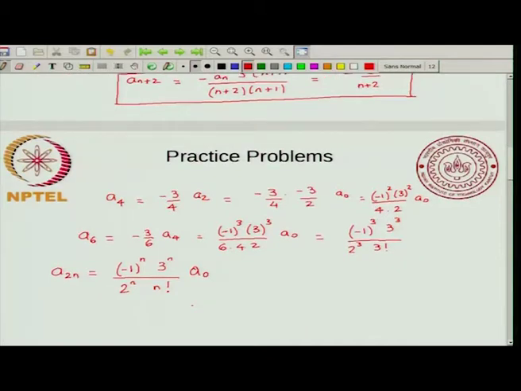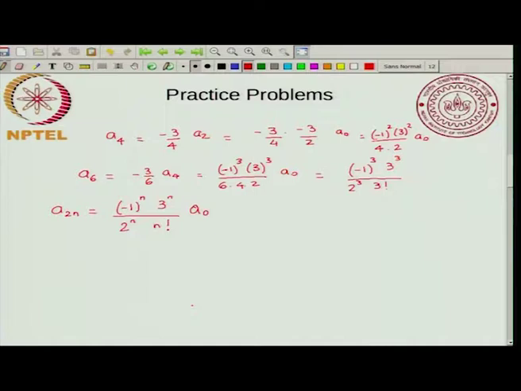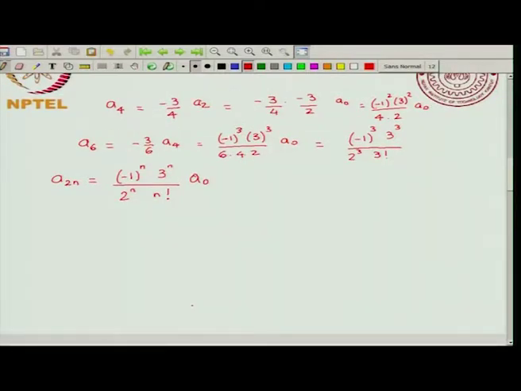Very elegant expression. Okay. Now let us look at what happens with the odd polynomials. We already saw A3 and A1, now let us look at A5. So A5 equals minus 3 divided by 5 times A3, and A3 equals minus 3 divided by 3 times A1.